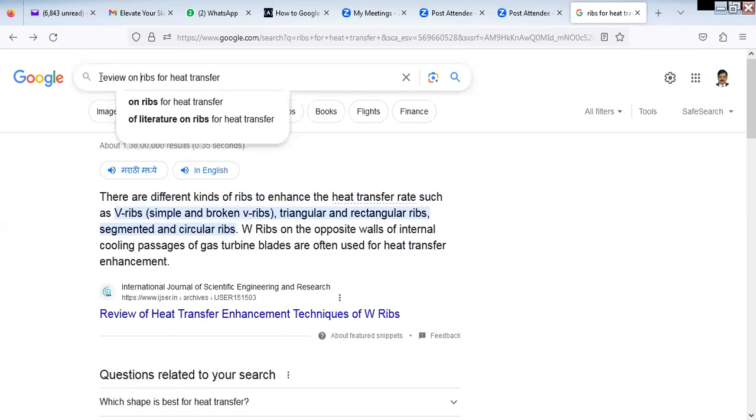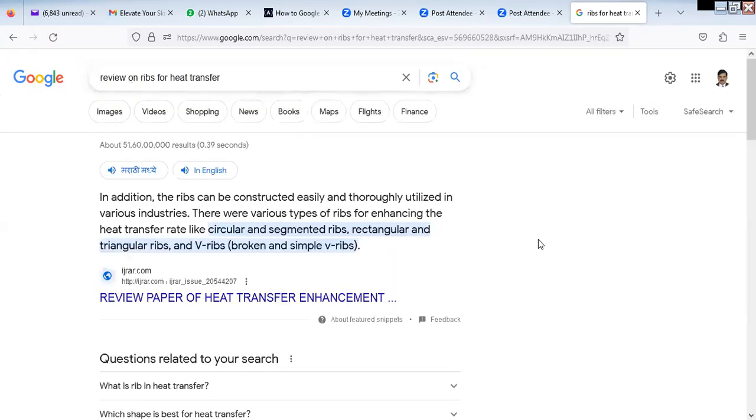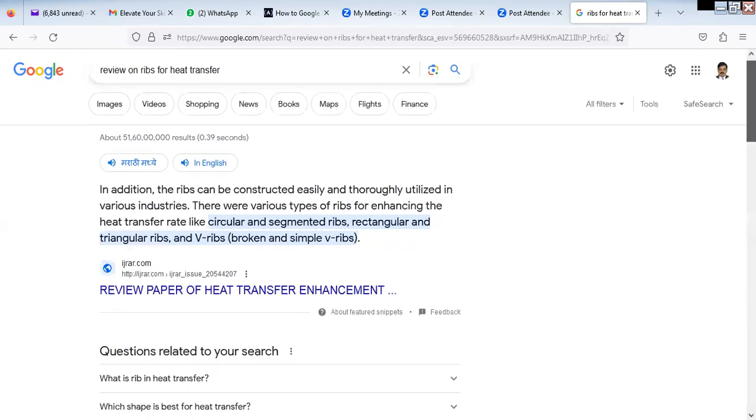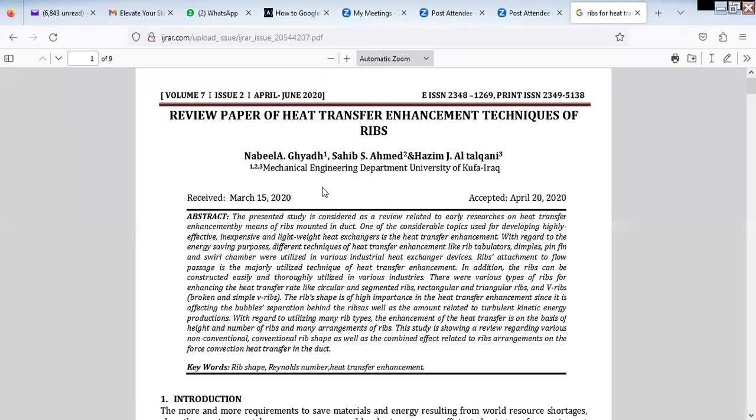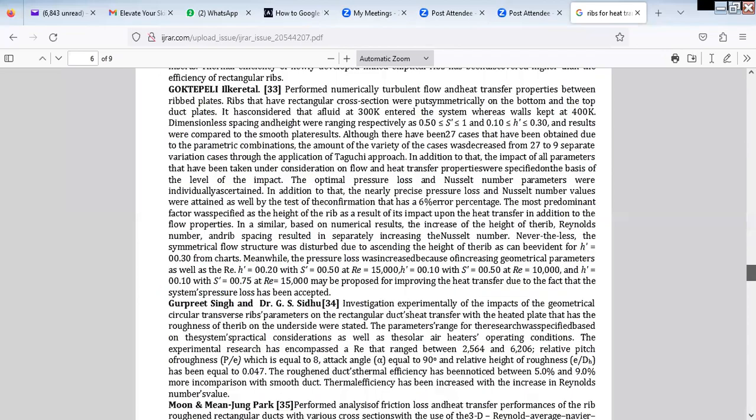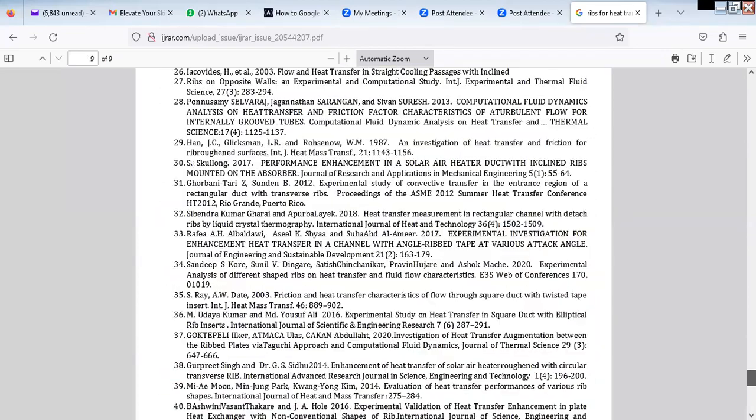Review on heat transfer. If you get this paper, here is one paper, but it is not good quality. Review of heat transfer enhancement technique for the rib. In such papers, you can get plenty of references.